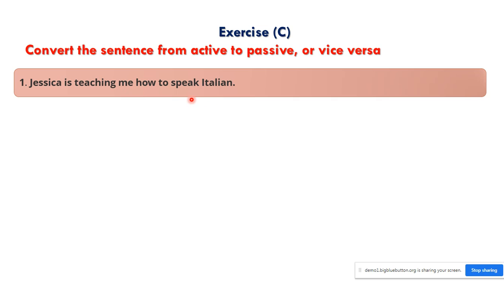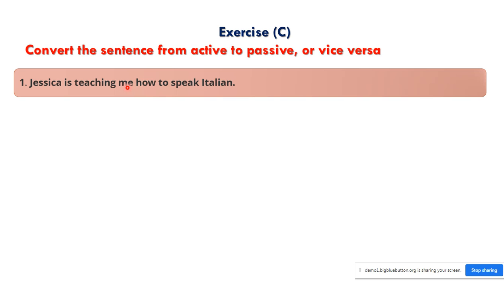Of course this is an active sentence, because the subject is the doer and the object is the recipient, which is me. So in order to convert this sentence from active to passive, we must switch the positions of the subject and the object and then convert the verb.